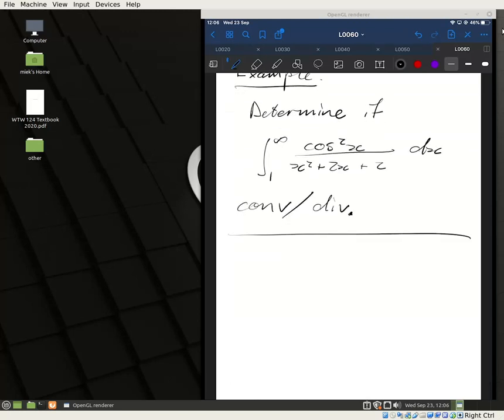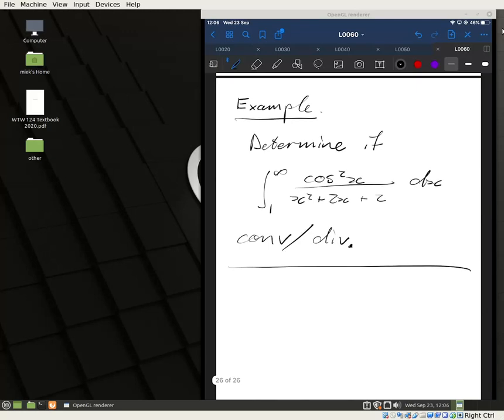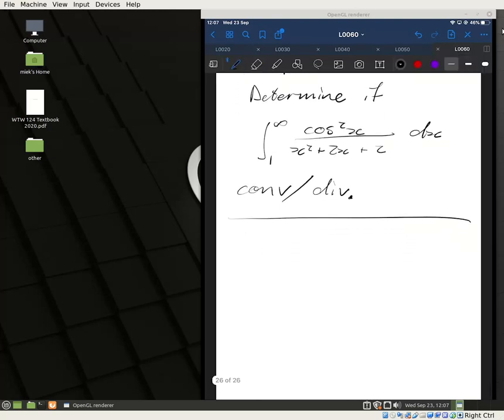Notice here we are not being asked to determine the value of this integral. In fact, it would be a rather difficult integral to evaluate. But using the comparison test, we can at least determine whether the integral converges or diverges.